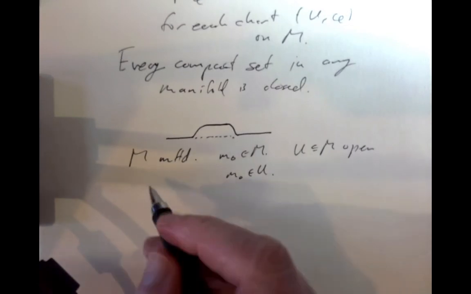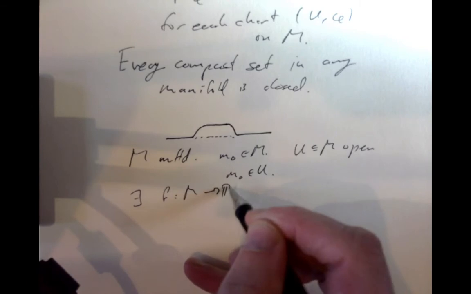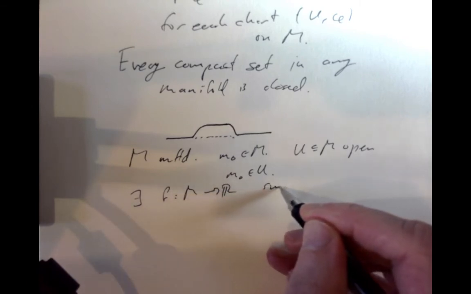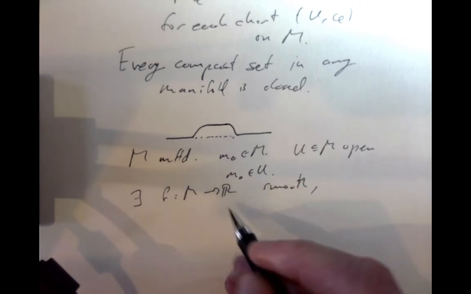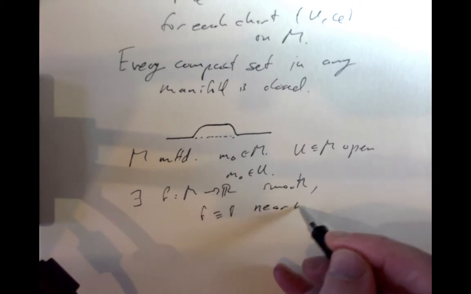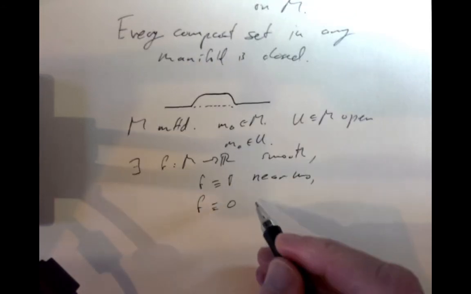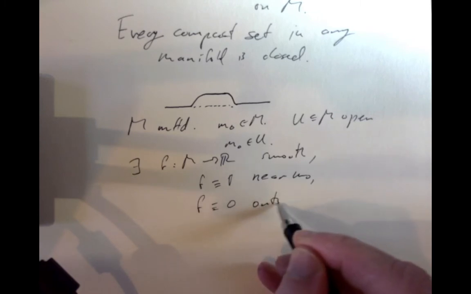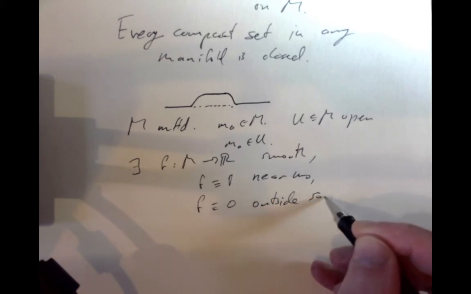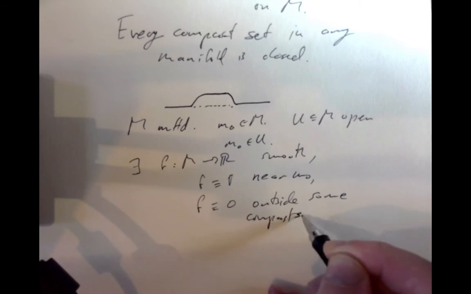Then we want to claim there exists some function which is smooth, which is f equal to 1 everywhere near this point m0, and f equal to 0 outside some compact set.